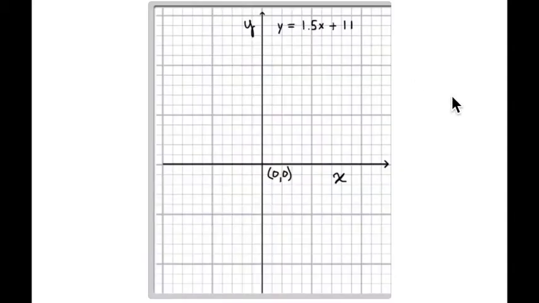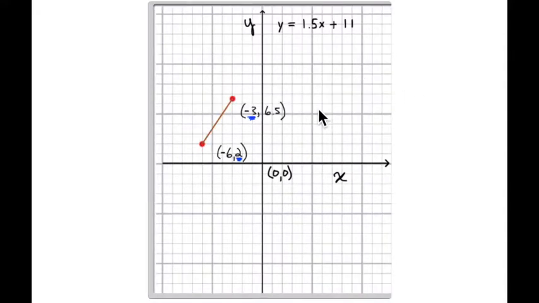So here's a blank graph for you. So practice graphing this on your own. Place the 2 points that you figured out. So when y is 2, x is -6. So this is -6, 2. When x is -3, y is a positive 6.5. So -3, 6.5.